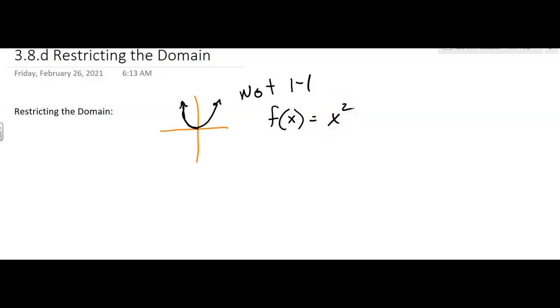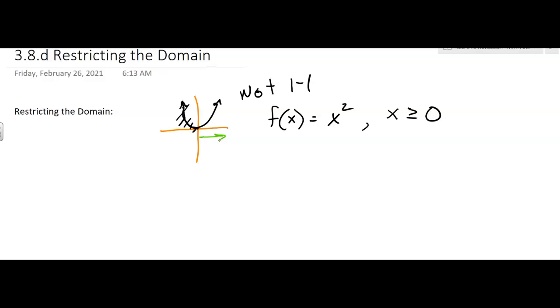But we're going to take out this half. So on the domain, x has to be greater than or equal to 0. In other words, only have x values on this side, and then you'll only get half of the curve, and it'll be one-to-one. And so then you can find the inverse, and life will be great.